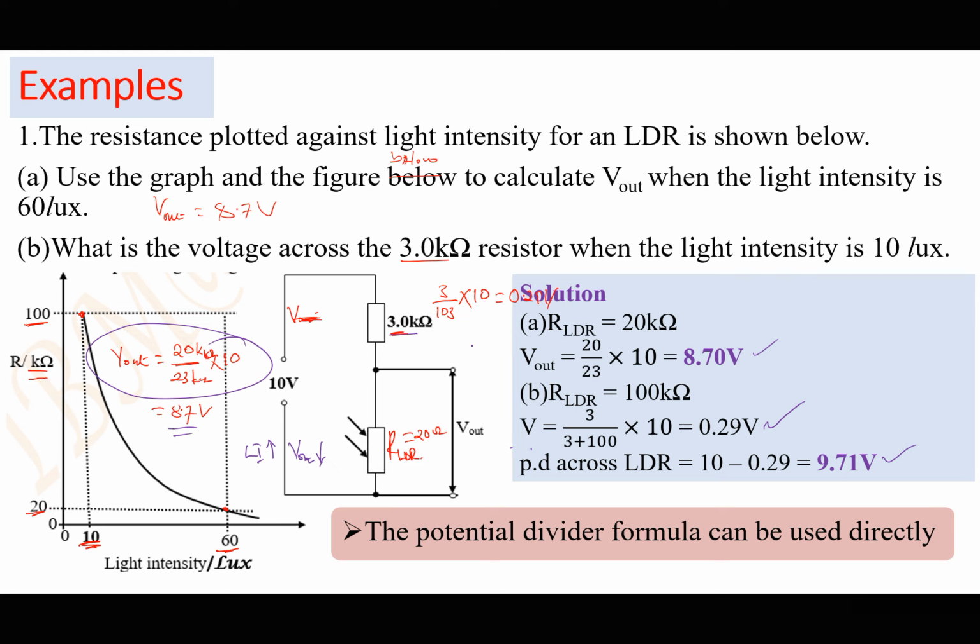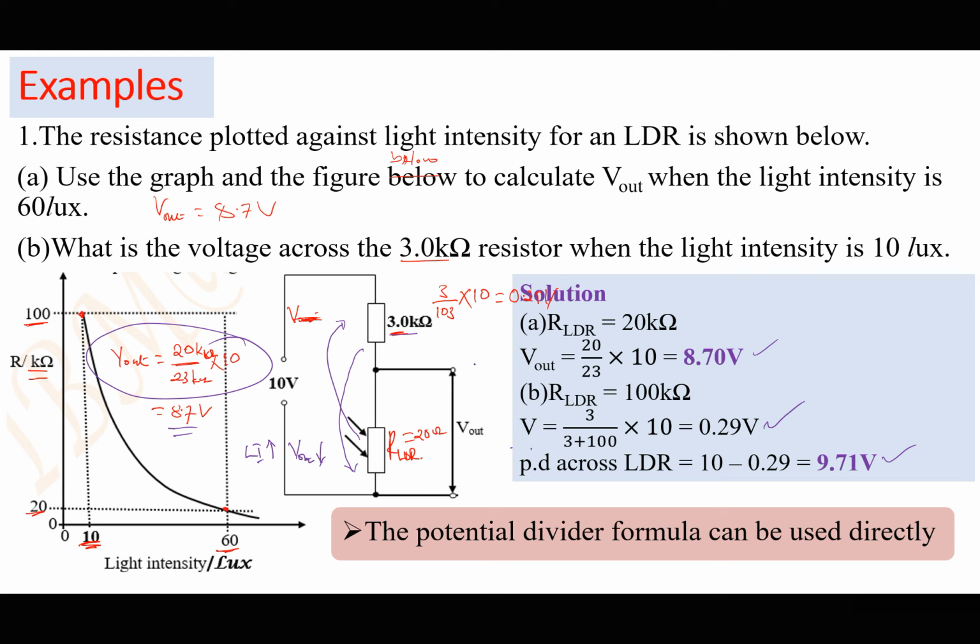We swap the positions, because we notice that if we swap the positions, we bring the LDR here and we bring the 3 kilo ohm resistance here. As light intensity increases, the PD across the LDR is going to decrease, which means the PD across the 3 kilo ohm resistor will increase.